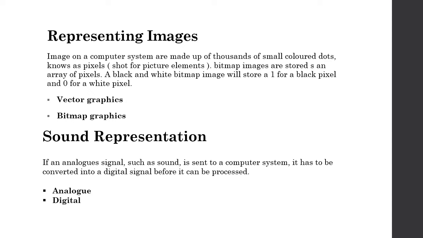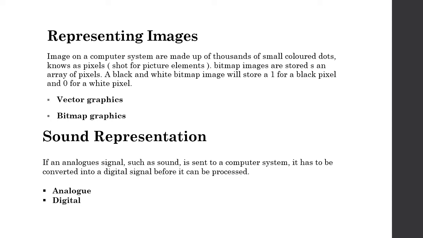Representing images. Now we will see how images are represented. Images also need to be converted into binary for a computer to process them so that they can be seen on our screen. Digital images are made up of pixels, and each pixel is made up of binary numbers.